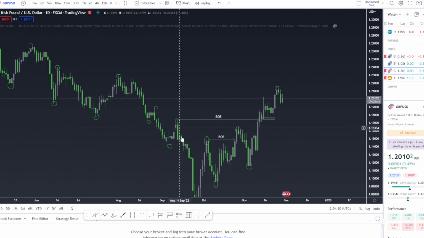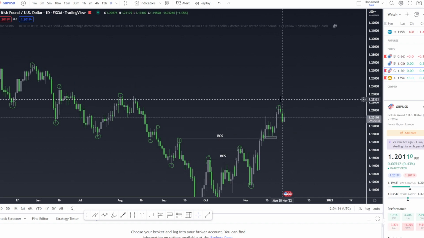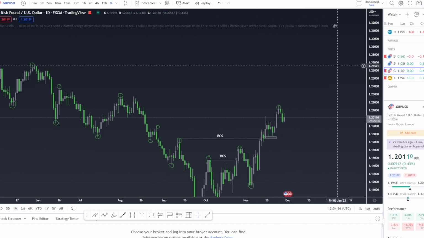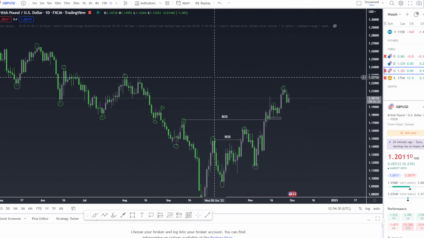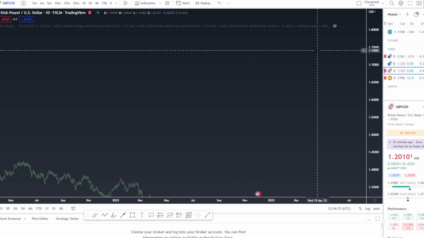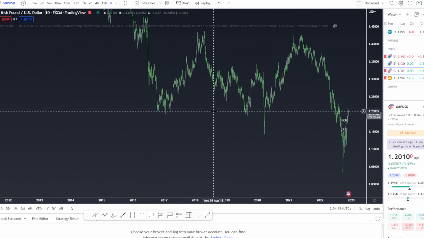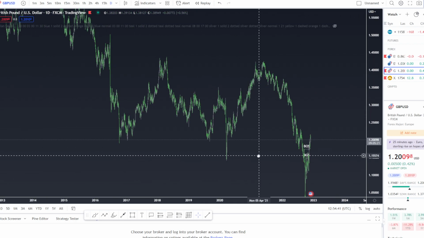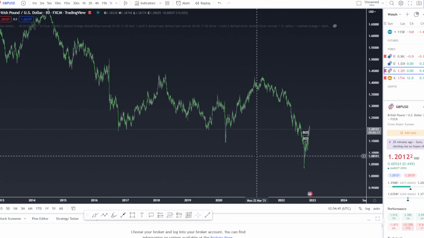We have bearish structure, and now it's flipped to bullish structure. Okay, but it has to be going somewhere. It's not just going to go up and up and take out all the highs and go all the way up here, because when you zoom out on the daily time frame, you clearly see that the order flow is still bearish overall.